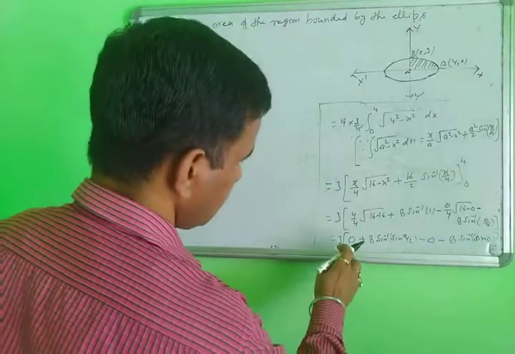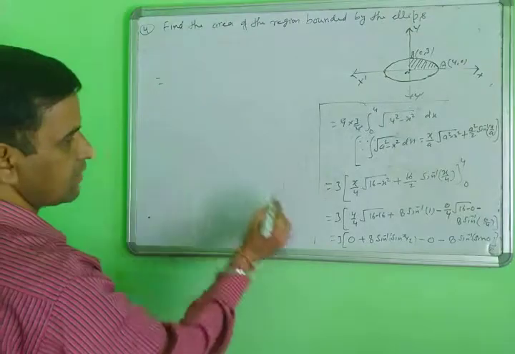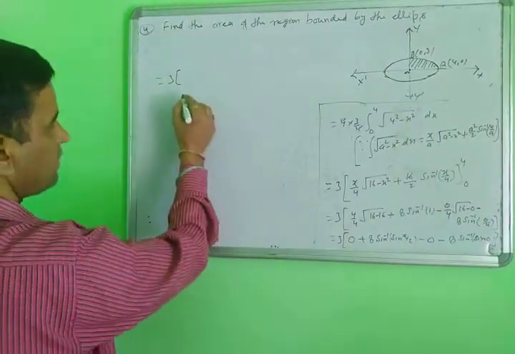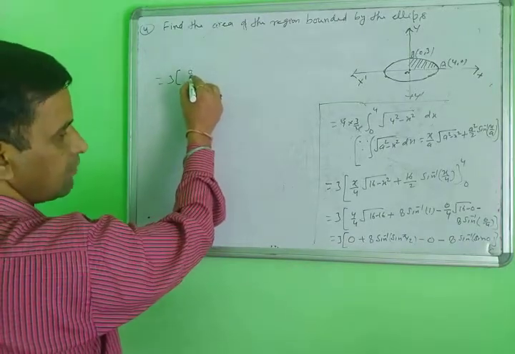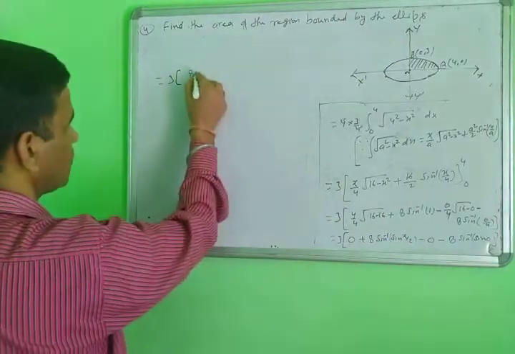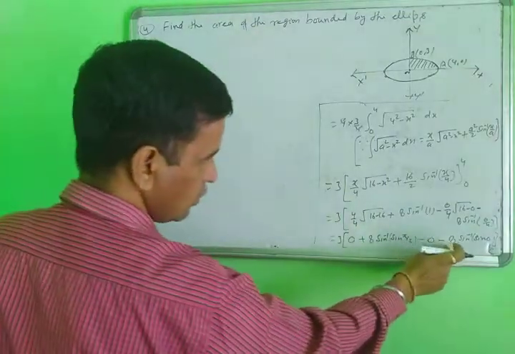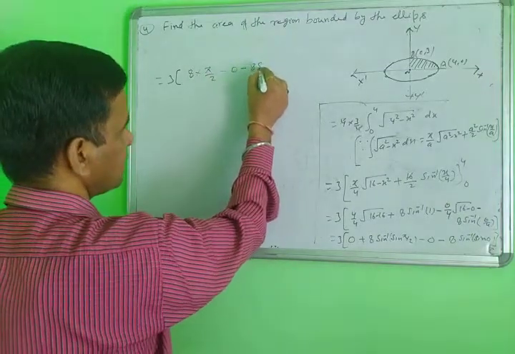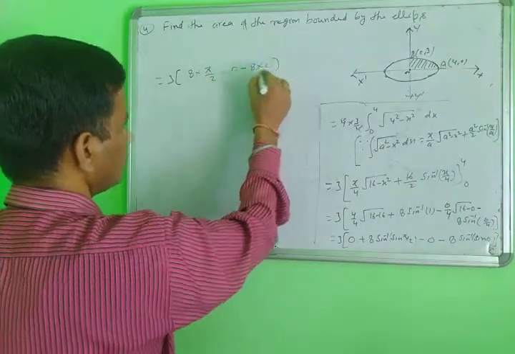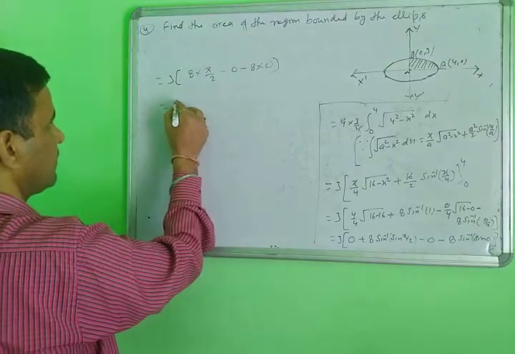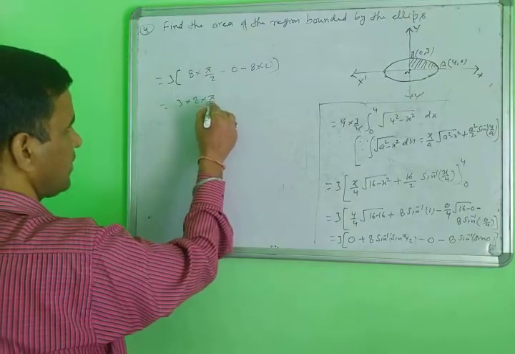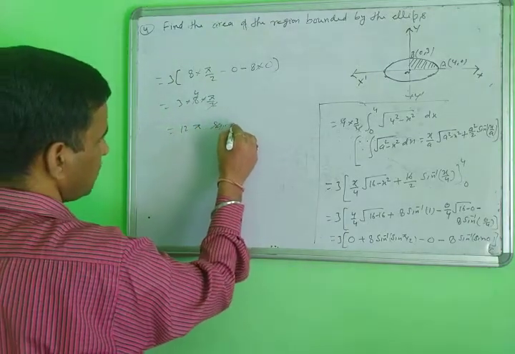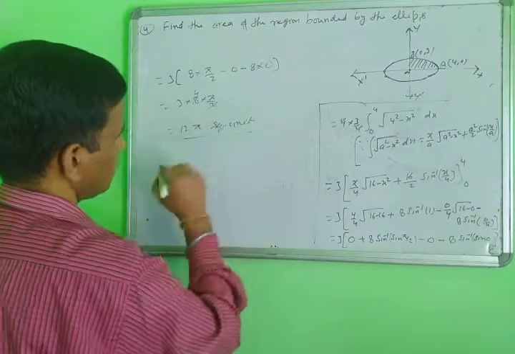Multiplying inside, what will come here? There is 3, then 0 is left, plus 8 times pi by 2, since sin and sin inverse cancel, leaving pi by 2. The other portion is 0, minus 8 into 0. The result left is 3 into 8 into pi by 2, which is 12 pi square units. This is your answer.